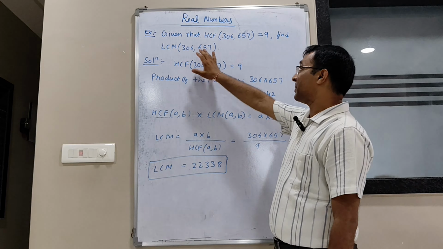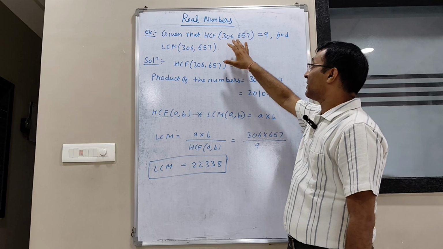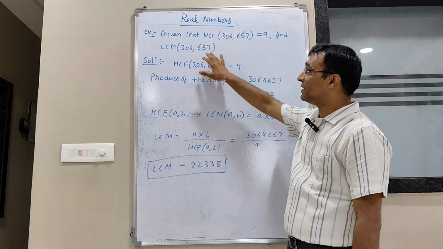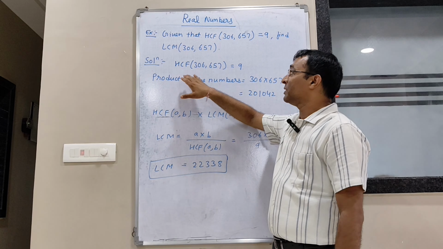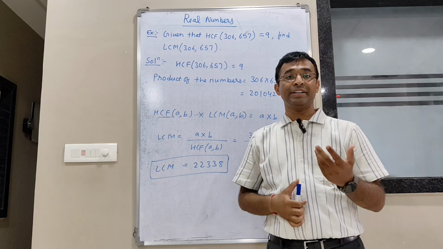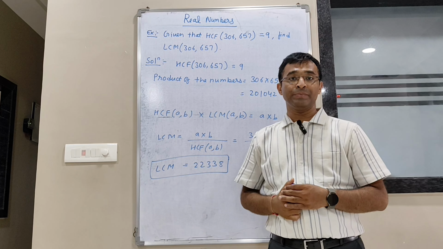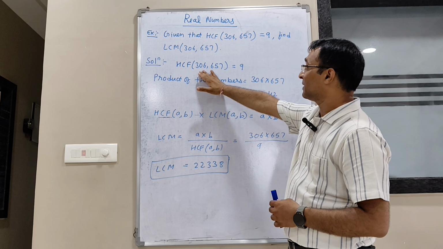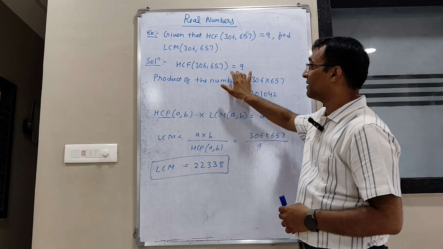Let's take another example. Given that the HCF of 306 and 657 is 9, find the LCM. Here in this problem again we are using the formula which I stated in the earlier part of this chapter. HCF is given as 9.